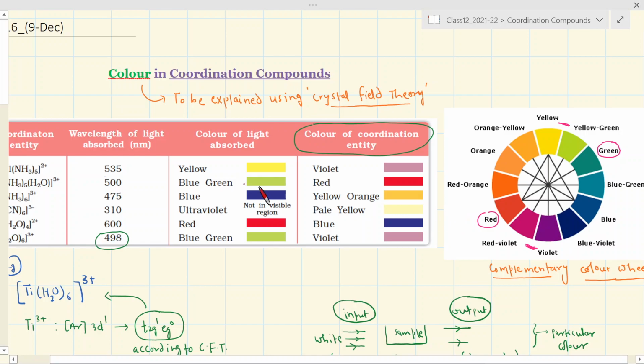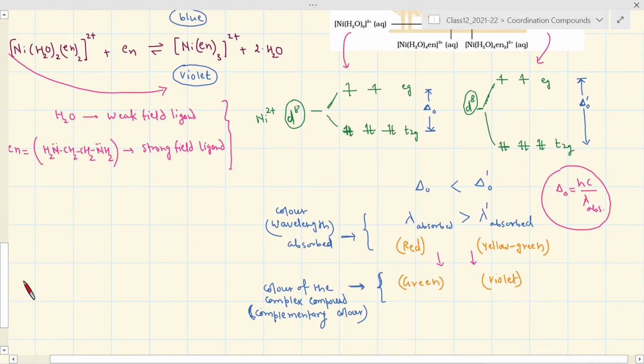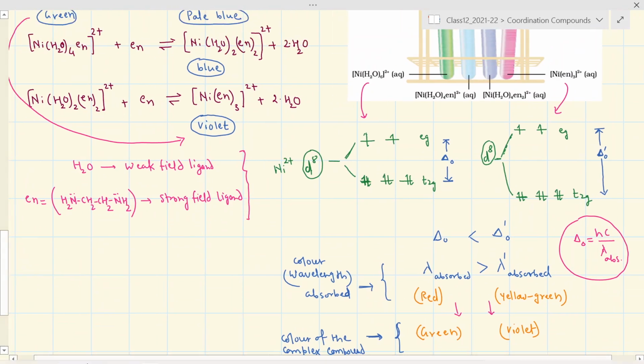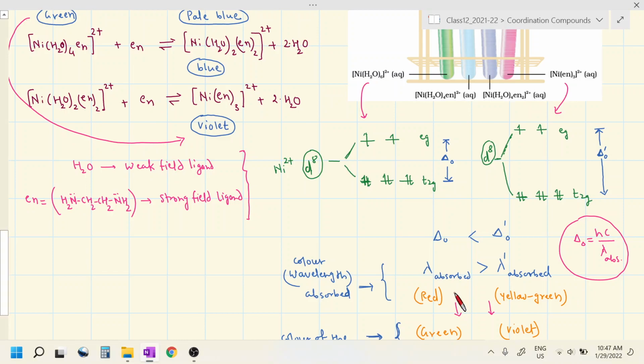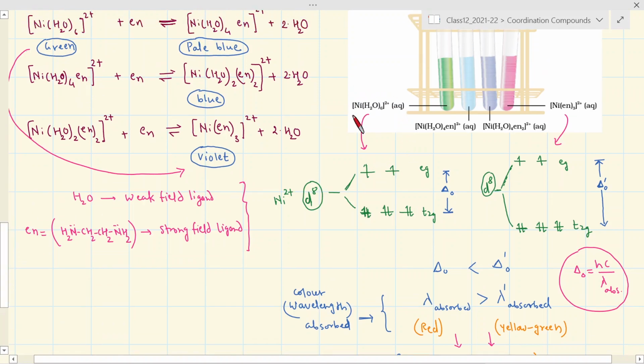So we see that the wavelength of absorption has changed from red to yellow green, because the solution of this complex compound absorbs in the red region, and the solution of this complex compound absorbs in the yellow green region.